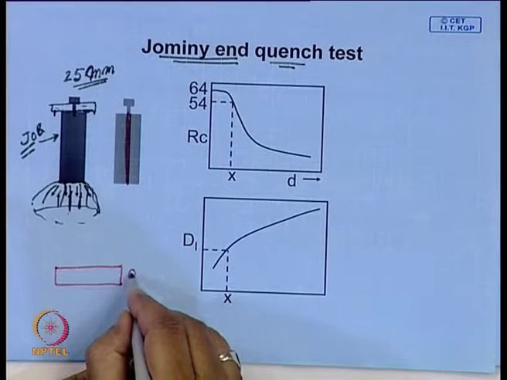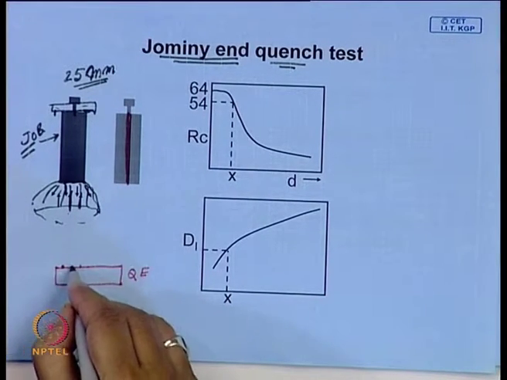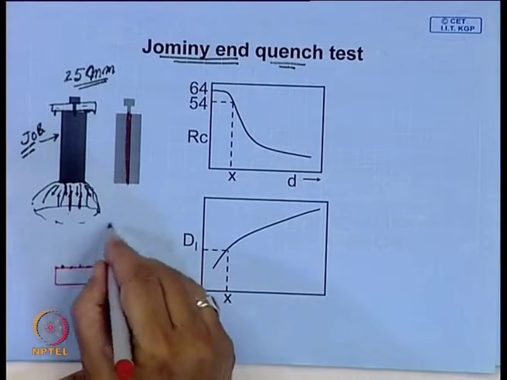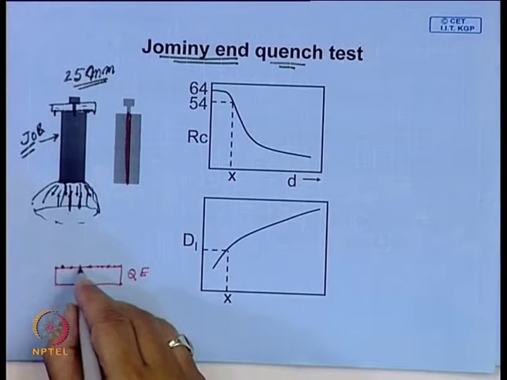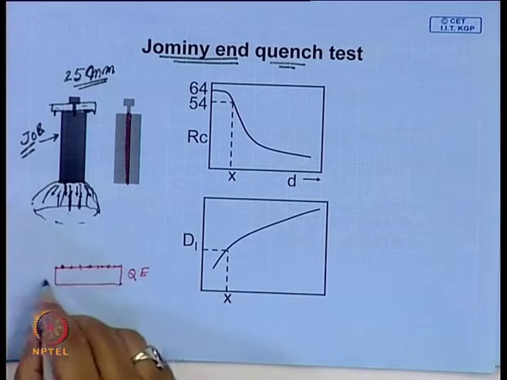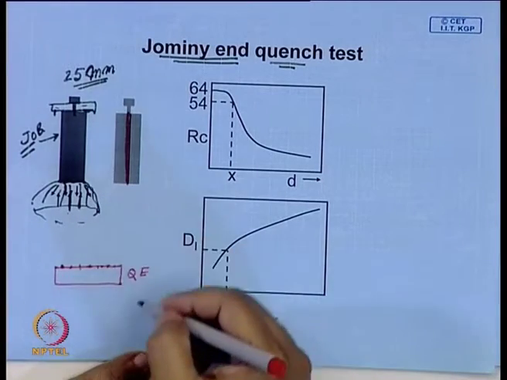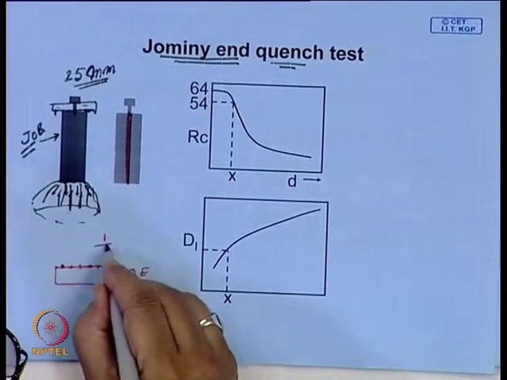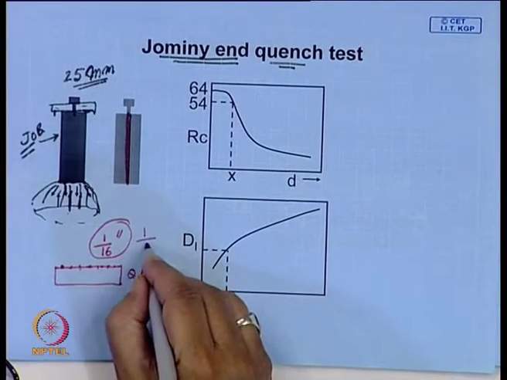This is the quenched end. You start measuring hardness from this end at regular intervals. There are stages which can be mounted on the Rockwell hardness testing machine, and by rotating one cycle you can move the job by a fixed distance, usually maybe 1/16 of an inch or 1/8 of an inch.